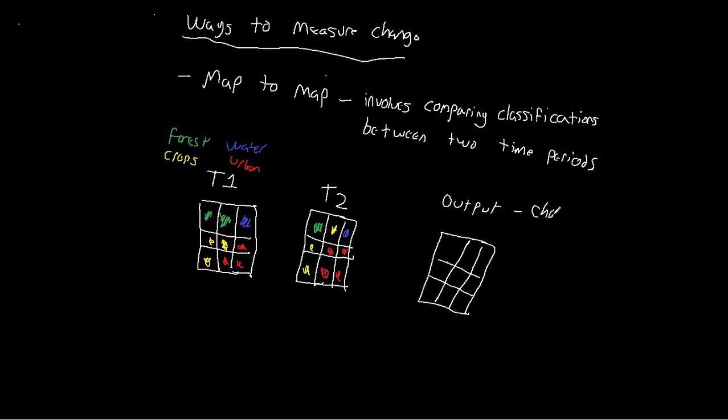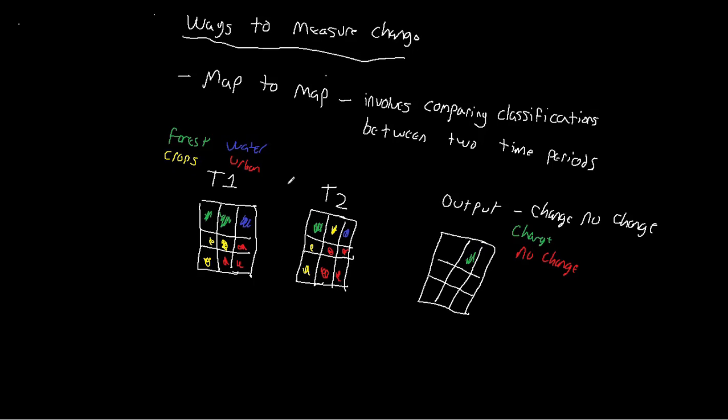Change, no change. You might have a 0 if there's change and a 1 if there, or a 0 if there's no change and a 1 if there is. And you might color code it. Green means change, red means no change.